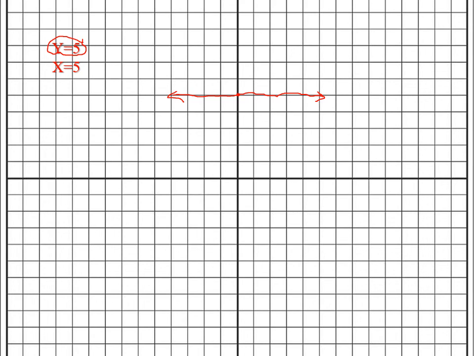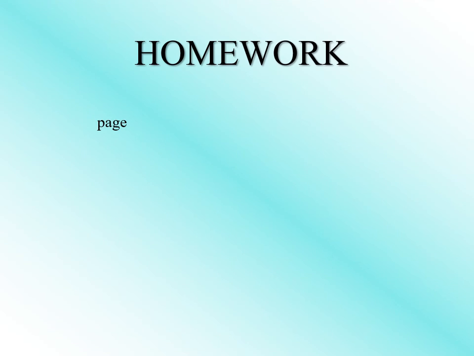So for x equal to 5, we're going to go 1, 2, 3, 4, 5, and x equals 5 means that x is always 5, and this is our vertical line. Those are the two special cases that you need to remember.